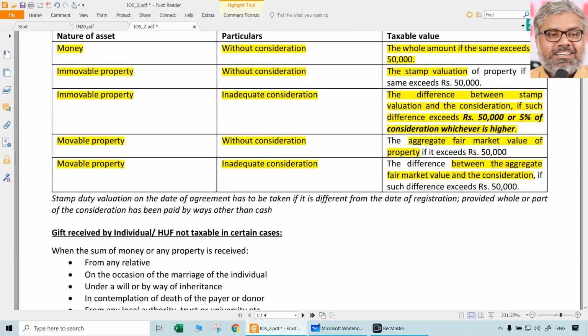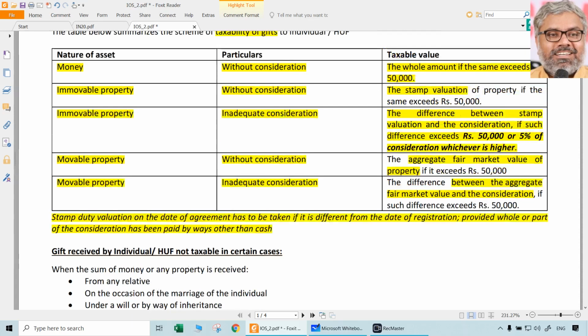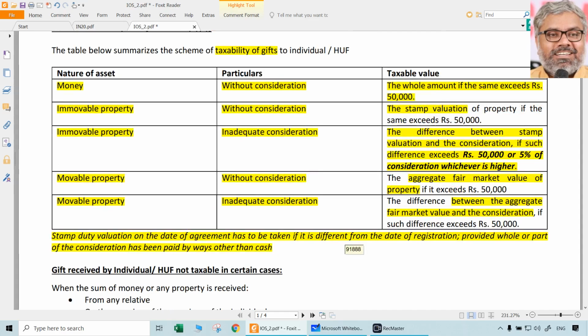Now, we know this already. We applied that in 43CA also, and in 50C also. Wherever the stamp duty valuation differs between the date of agreement and the date of registration, which one has to be taken? The date of agreement can be taken only when the whole or part of the consideration has been received or paid by a mode other than cash, meaning account payee cheque, draft or bank transfers.